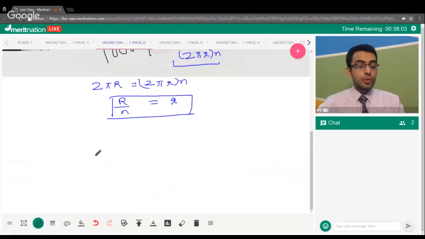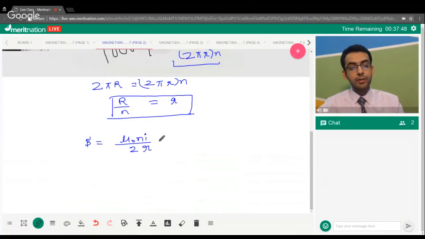So what is the magnetic field now? Let's say B dash at the center of the coil. B dash is equal to mu naught n I divided by 2 into small r. When you substitute the value of small r, you get mu naught n I divided by 2 into capital R over small n.